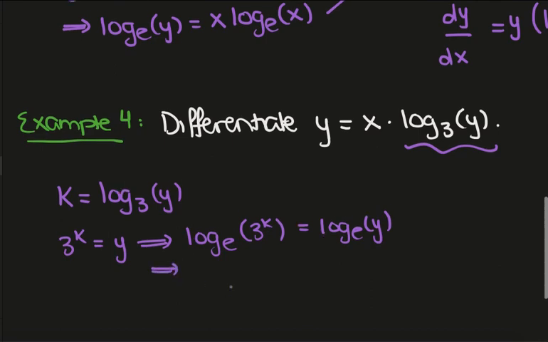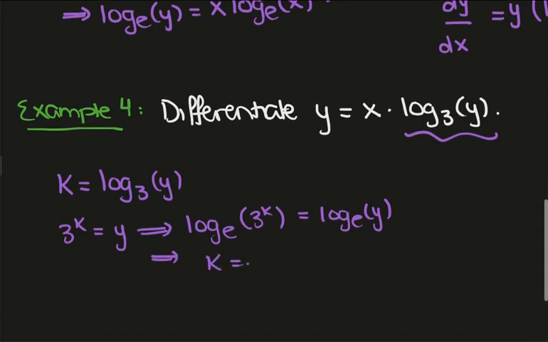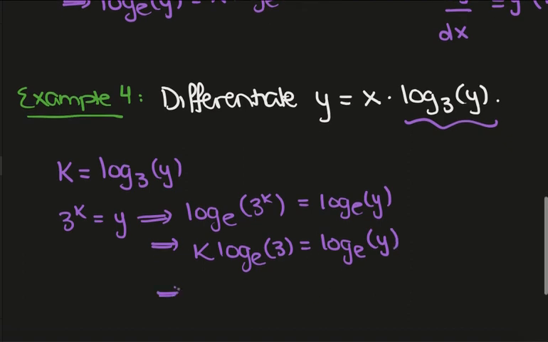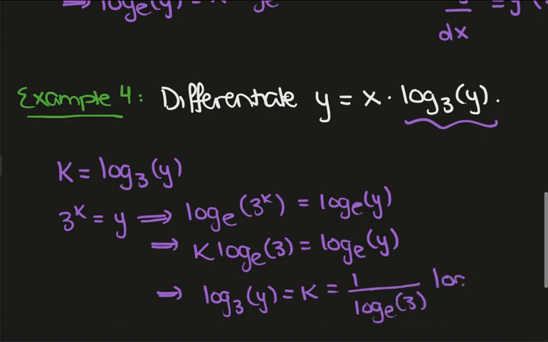And log laws tell me that, well, let's maybe not jump so many steps. So I get k log e 3 is log e y. And so I can write log 3 y, which we called k, as 1 over log e 3 times log e y.